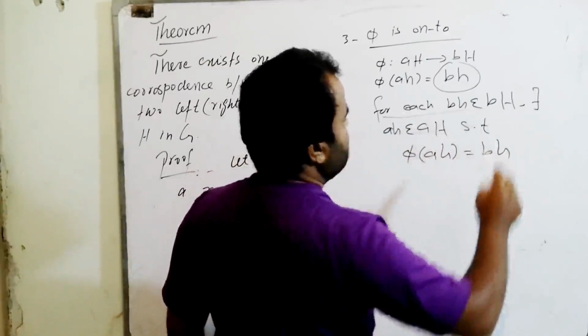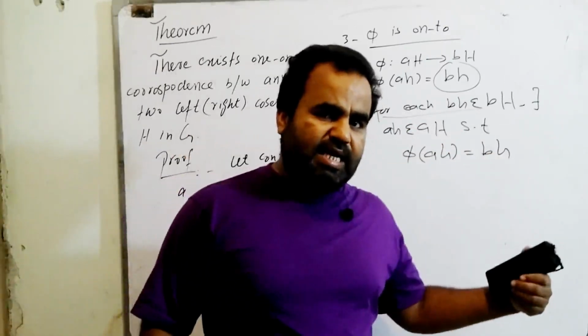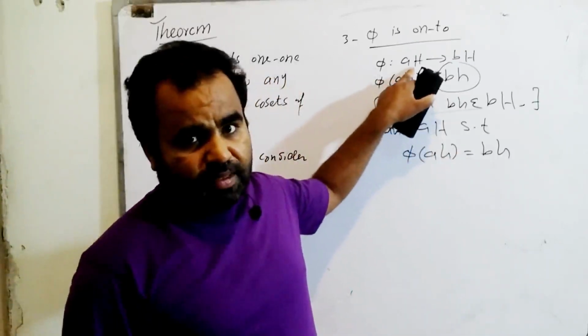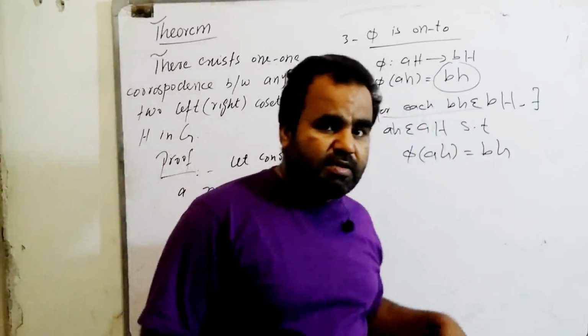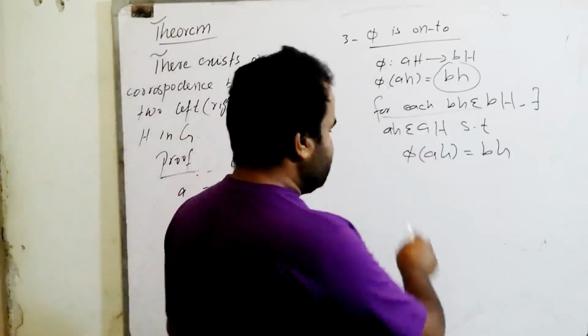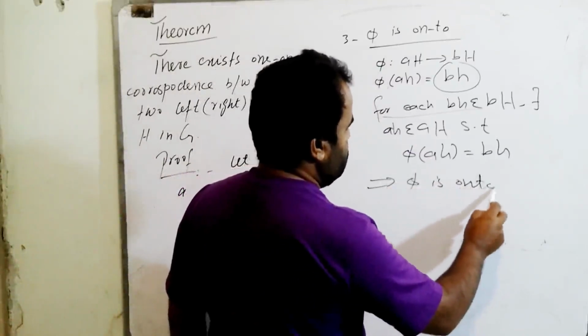For each element of BH there is an element of AH. This means that phi is onto.